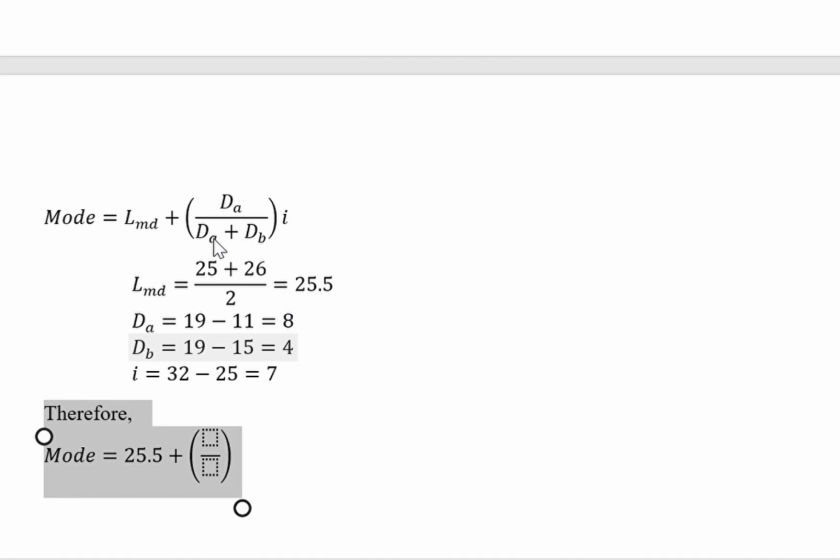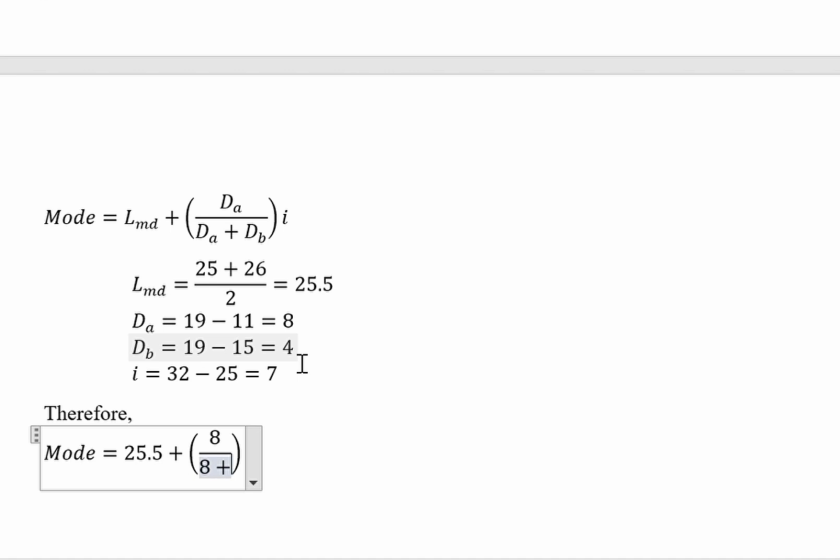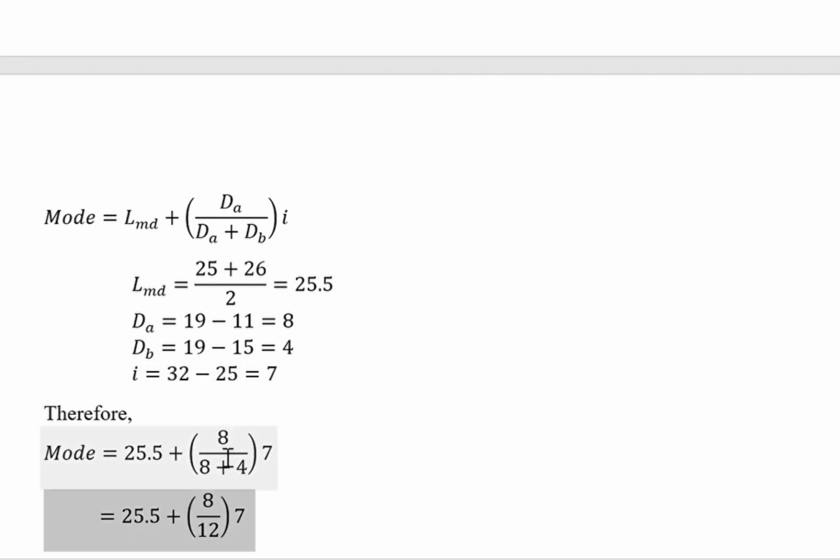So it will be over 8 plus 4, because our dB is 4. Then times the class interval, which we have calculated here and found to be 7. So if we simplify this, we shall have it as 25.5 plus 8 over 12. This one is 12 when you add them, into 7.